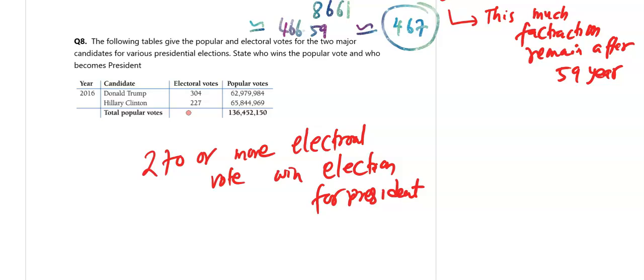So in 2016, the question is who won the electoral vote to become president? It is Donald Trump, 304 votes, so Donald Trump becomes president. And the popular vote is Hillary Clinton got more, 65,844,969.